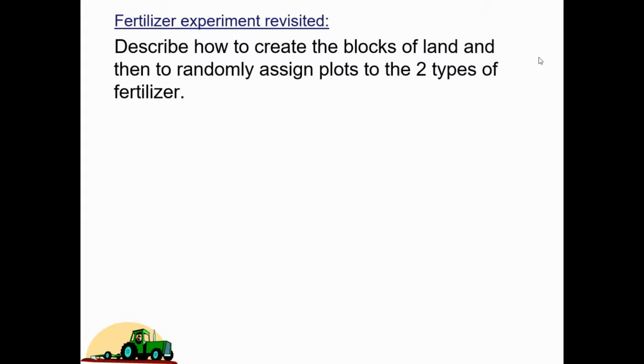So if we look back at our process that we drew out on the bottom of the previous page, what's our first step in this experiment? What did we have to do first?